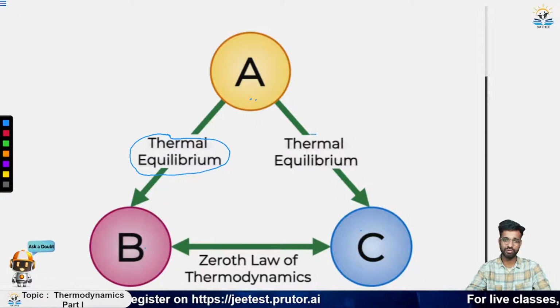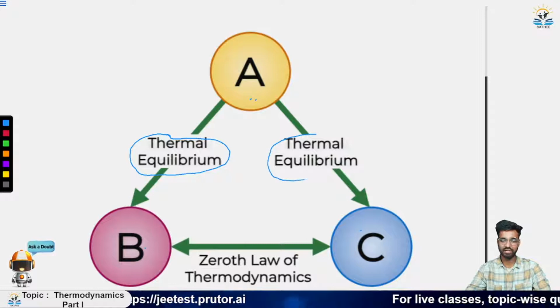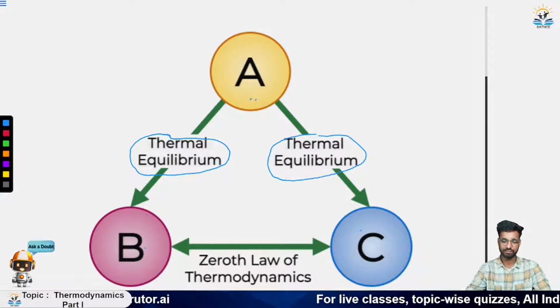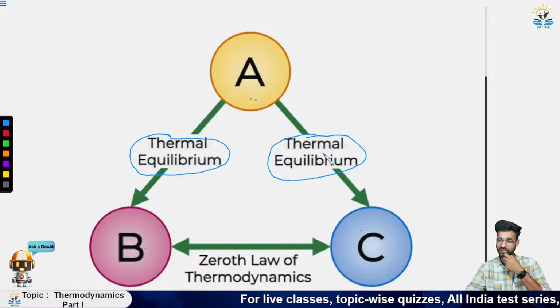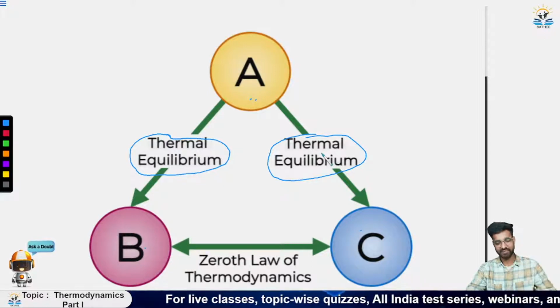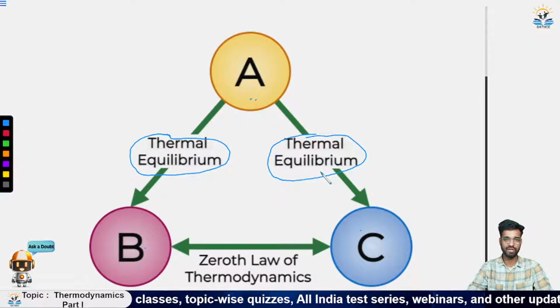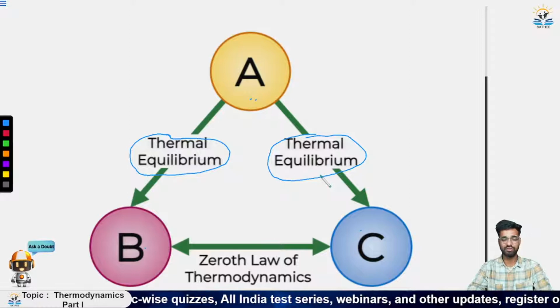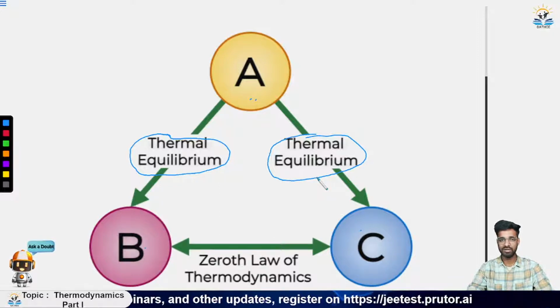When we use the term equilibrium, things get somewhat complicated. Equilibrium can be dynamic, or it can be static. It does not depend upon that, but the Zeroth law always follows for these conditions. Dynamic equilibrium means the system is changing with time, but the overall change is not observed by an observer.